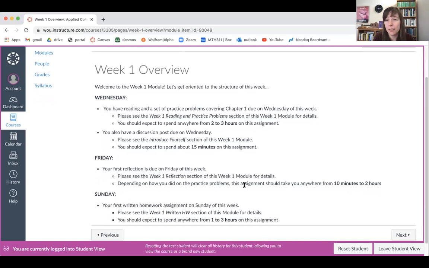And then you're tasked with writing a reflection. That reflection is due on Friday. If you totally nailed it on the practice problems, then it should be pretty short. But if there was a lot that was troubling you on the practice problems, this could take a couple of hours to do a good job on the reflection. So make sure you budget for that.